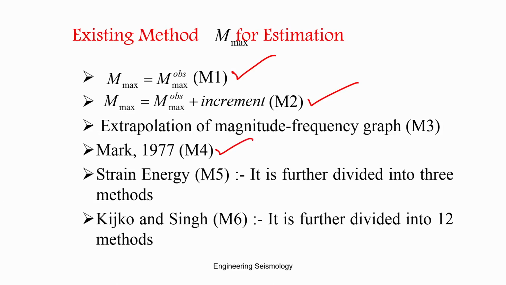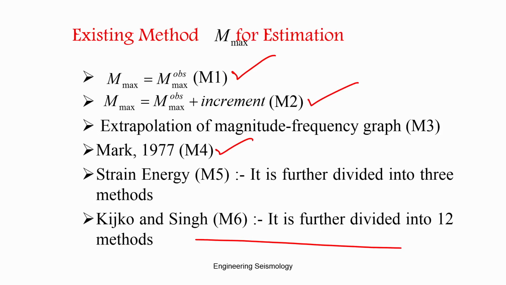The strain energy method takes into account how many earthquakes occurred in the region and how much energy was released. By accumulating that you can get a future earthquake. That is called the strain energy method, M5. The Kijko and Singh method, M6, is further divided into 12 methods. It is basically a statistical method which accounts for the seismic data in the region.